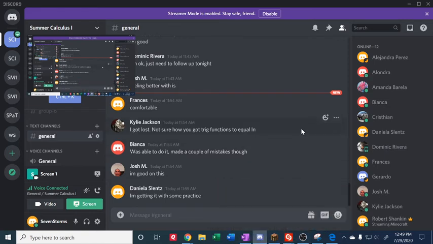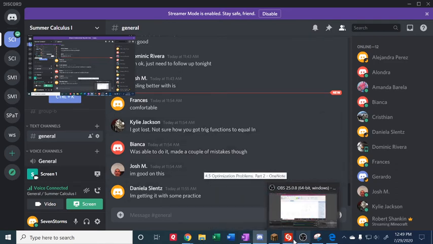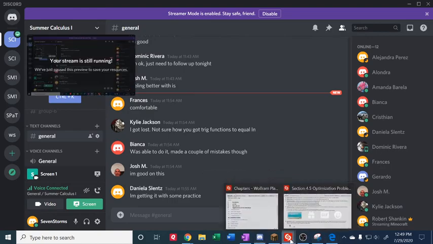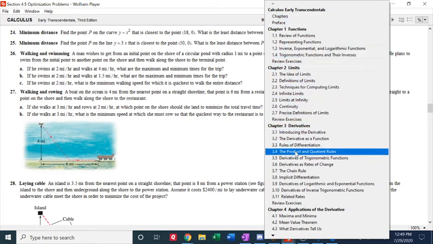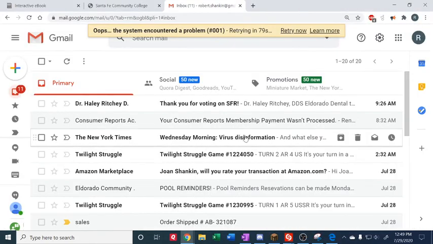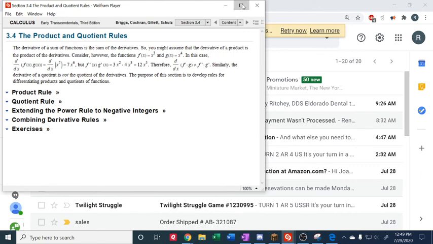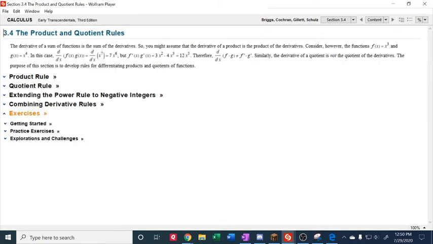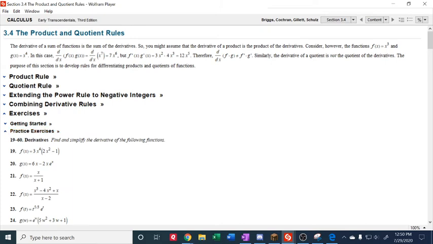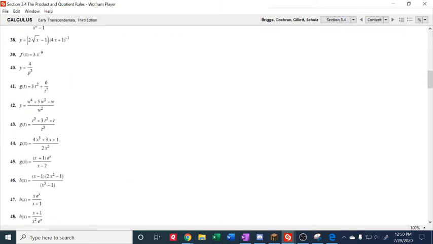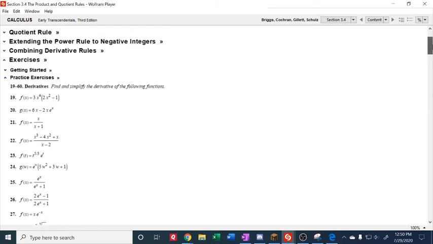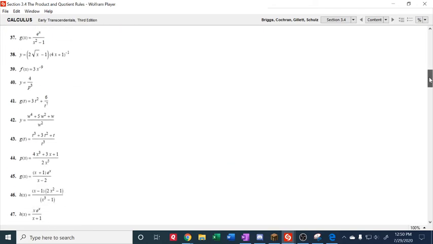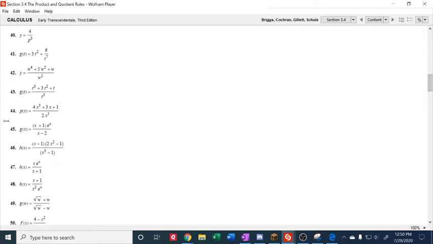Number 45 on 3.4. Let me look at the directions on that. Find the derivative. Okay, 45.